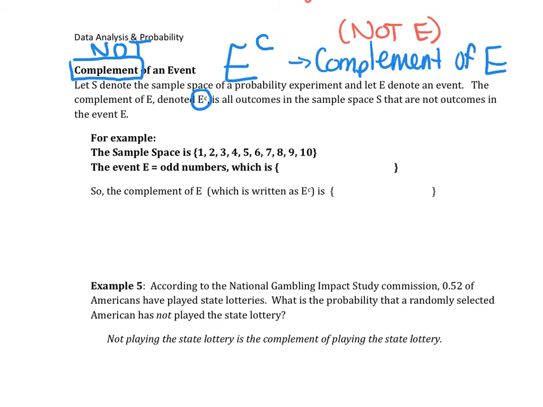So if we had a sample space of numbers 1 through 10, and the event E was the odd numbers, we would just list our odd numbers like we were doing earlier. So 1, 3, 5, 7, 9.